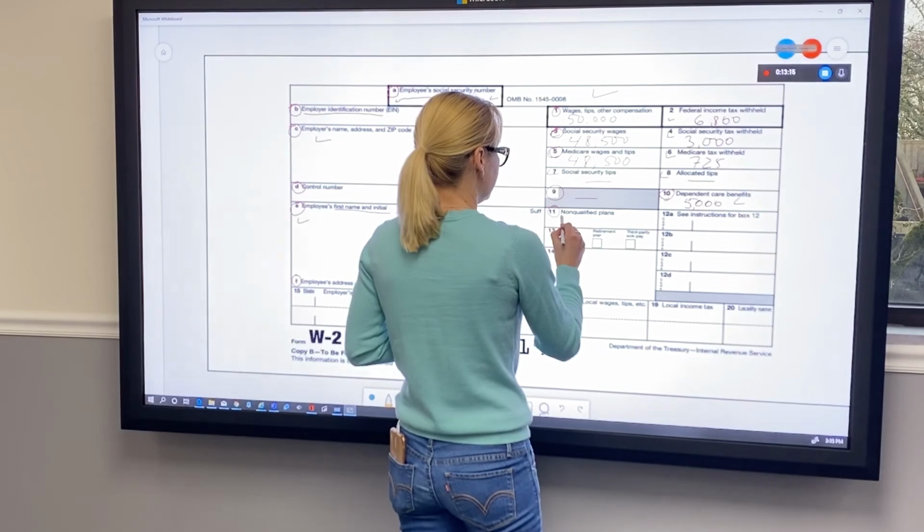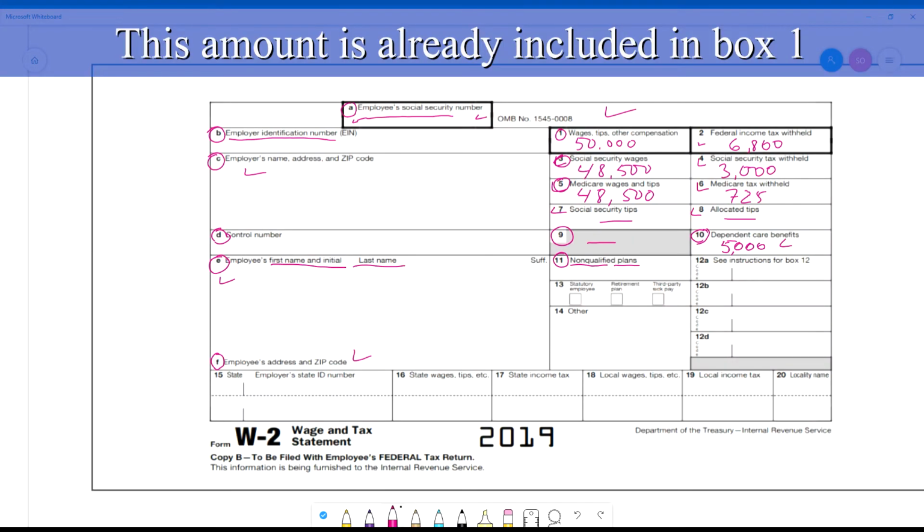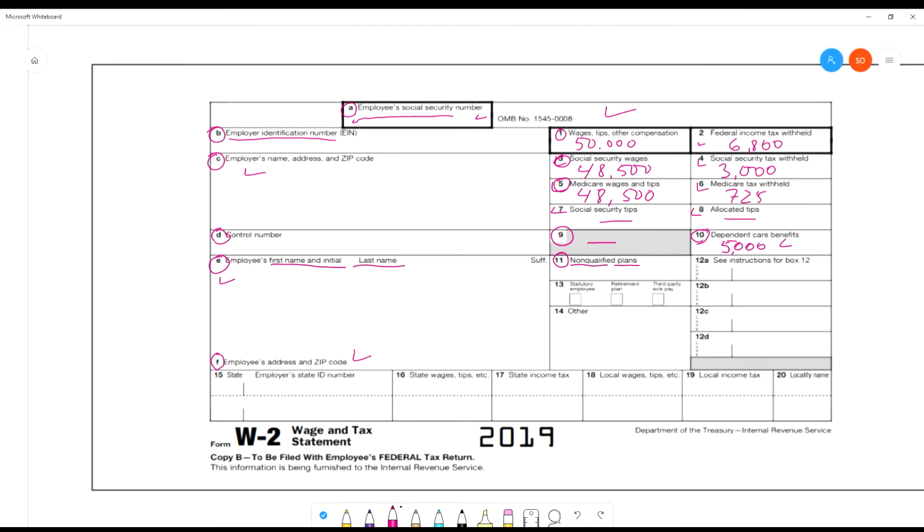Box number 11, non-qualified plans. That will include amounts that were distributed to you from your employer's non-qualified plan.